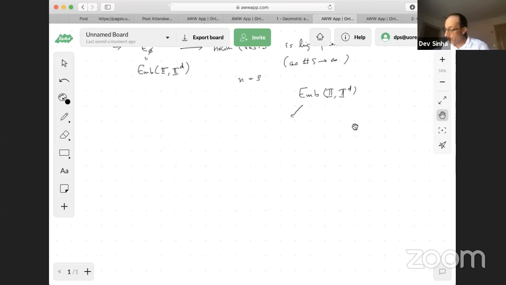So I've got embeddings of an interval minus, say, J_1. And really this maps to not just one space, it maps to all spaces compatibly. It restricts everywhere.